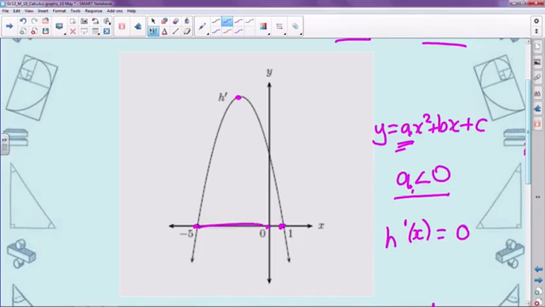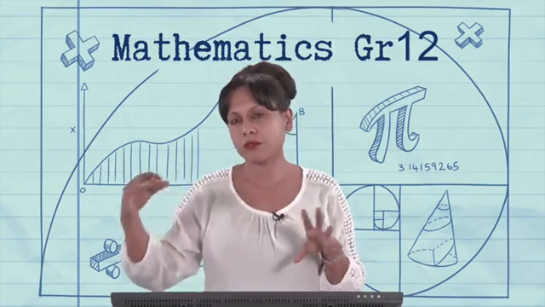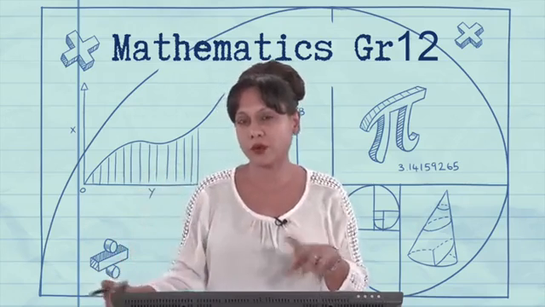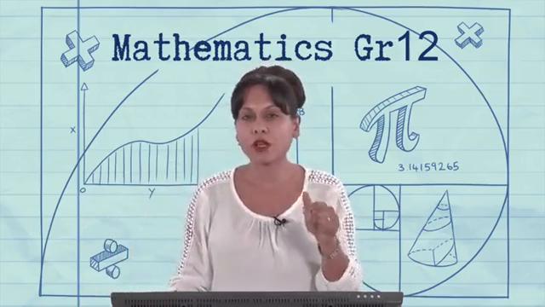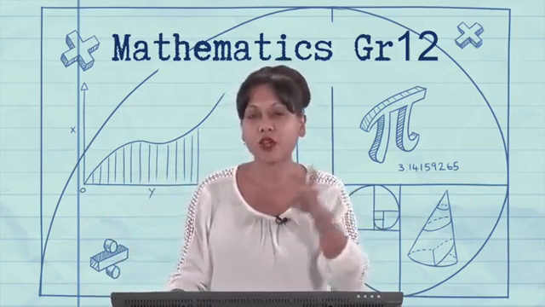Okay? Now, can you think about when you're sketching a cubic function, when do you let the derivative equal 0? When do you do that? You're told to do that when you're looking for the stationary points, the turning points.